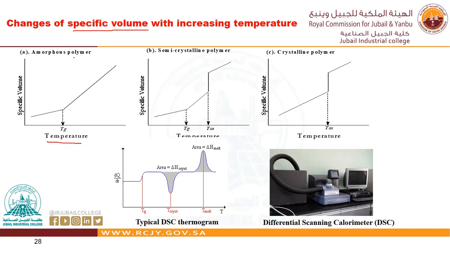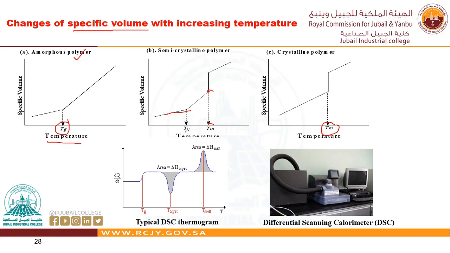If it is an amorphous polymer, you end up having only Tg. If it is a crystalline polymer, you end up with only Tm, because a crystalline polymer has only regular arrangement, and therefore it has only a melting point. But when you talk about semicrystalline, which has both regular and irregular arrangement, you will have Tg and Tm, and usually Tg is always lower than Tm for the same polymer.